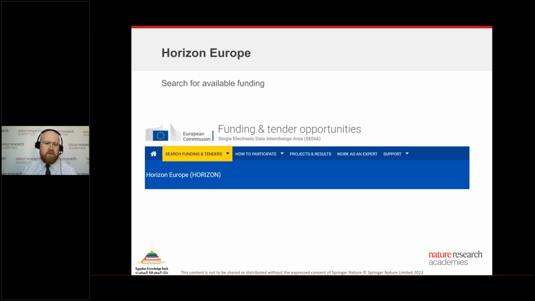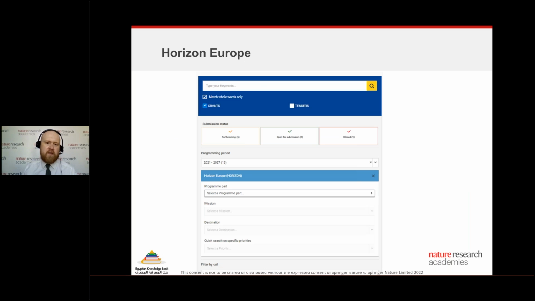Within here, you will find the opportunity to search for funding and tenders. So this here highlighted in yellow will then open up this search toolbar where you can search for different funding opportunities within the Horizon Europe framework. As you can see here, you can select what program you're interested in looking at.